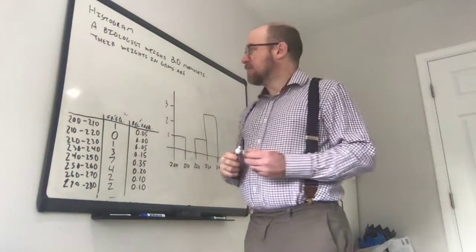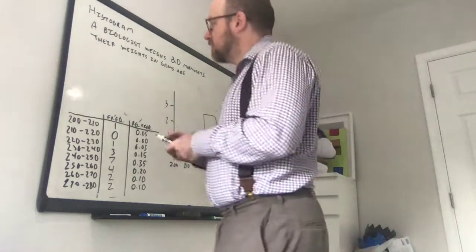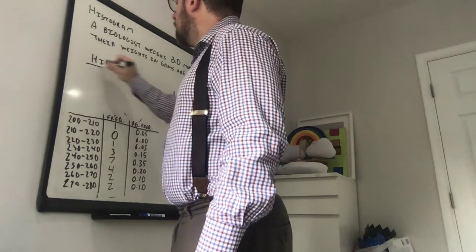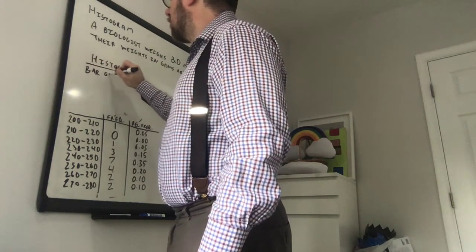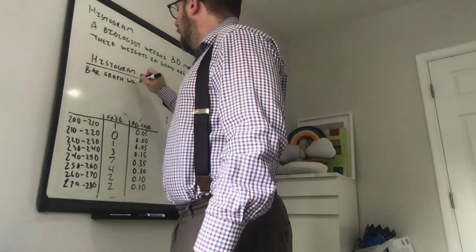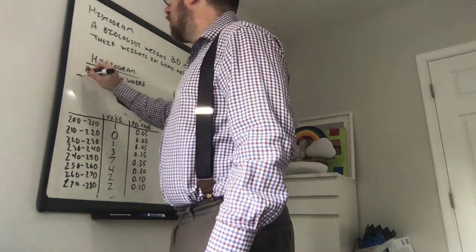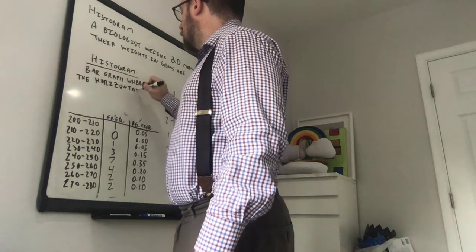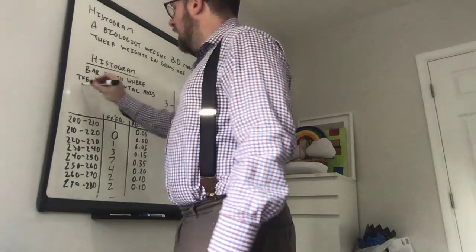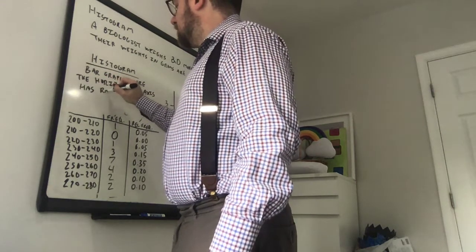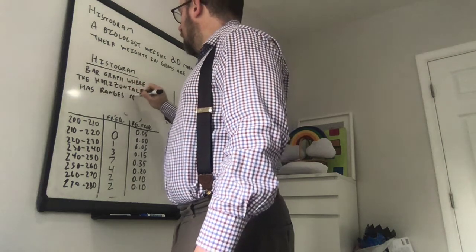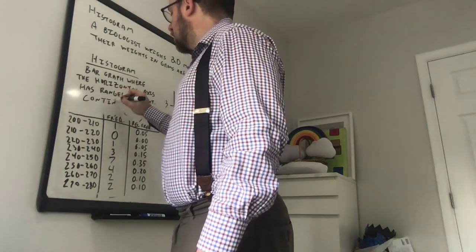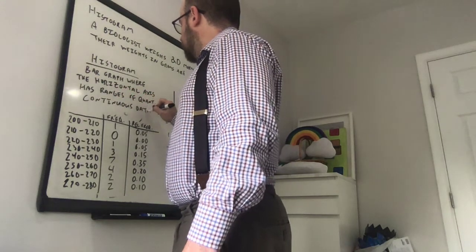Okay? So that's all that a histogram is. So a histogram, remember, is a bar graph where the horizontal axis has ranges of quantitative continuous data.